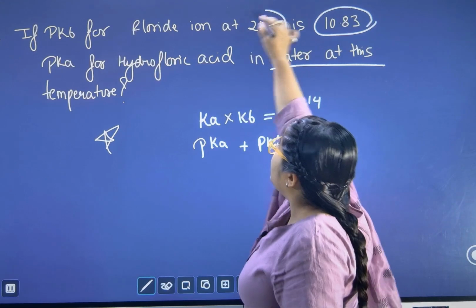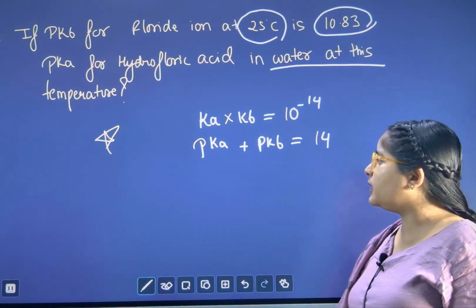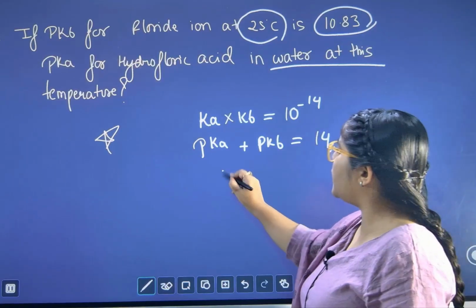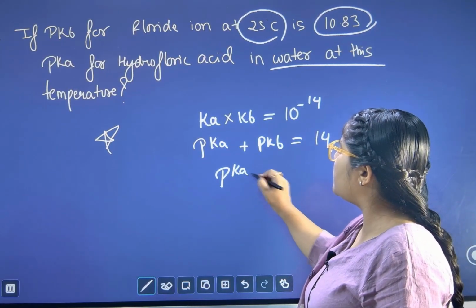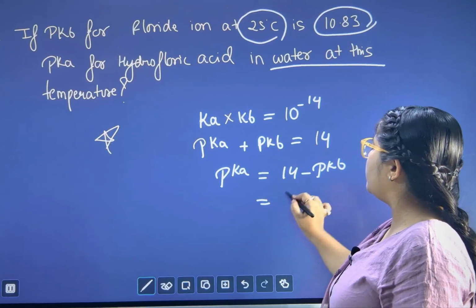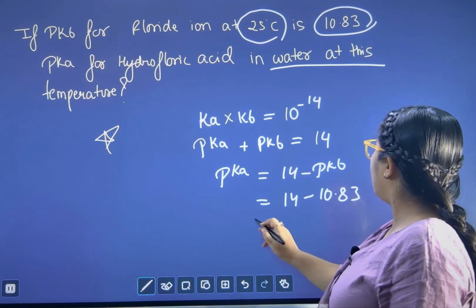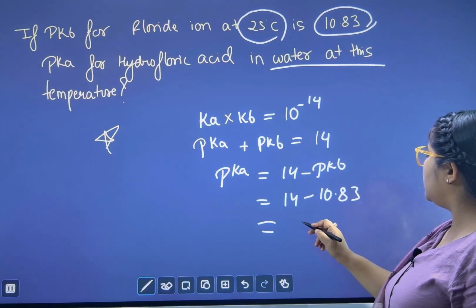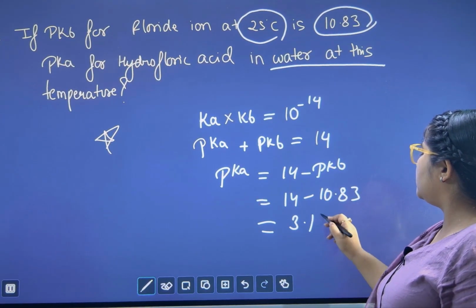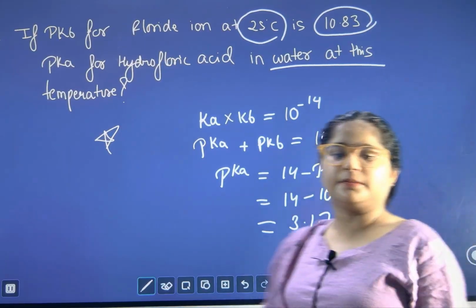Always a star point: 25 degrees centigrade is mentioned. That's why I am directly writing 14 here. Clear? So what are they asking? pKa. So pKa will be equal to 14 minus pKb. So 14 minus 10.83, how much will we get here? 3.17. What will be the answer? 3.17.